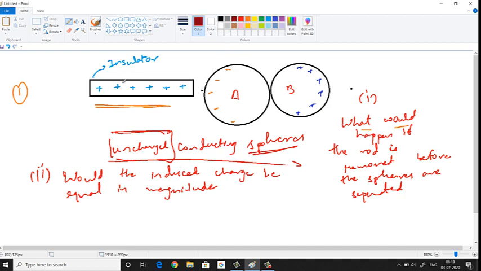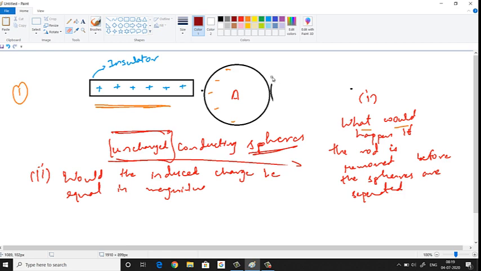Actually, what happens if I separate these two spheres before removing the rod? So this entire thing I'm separating off.